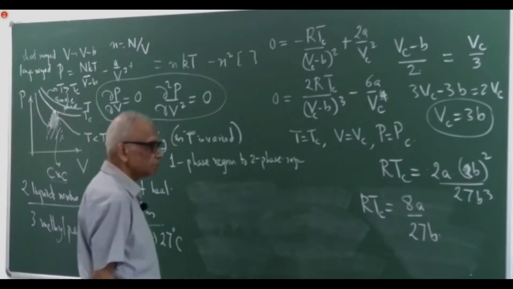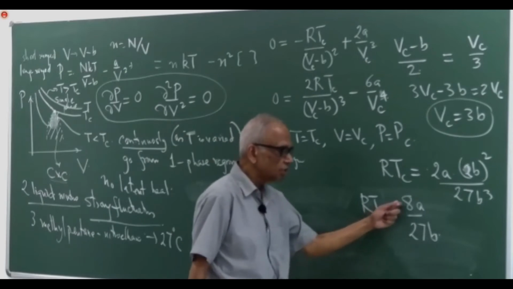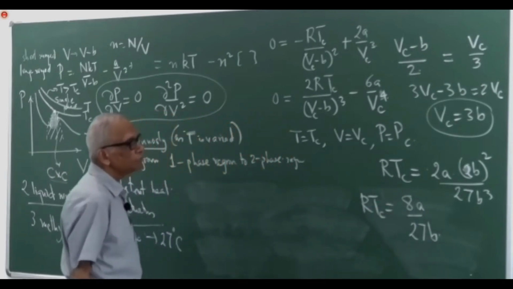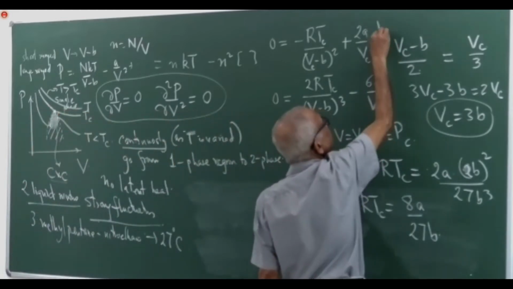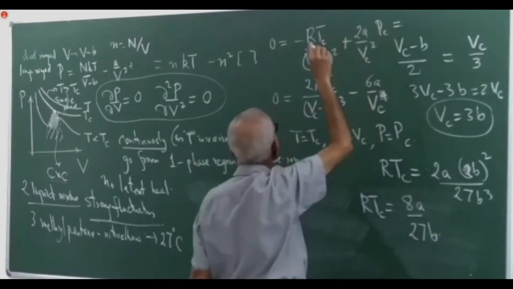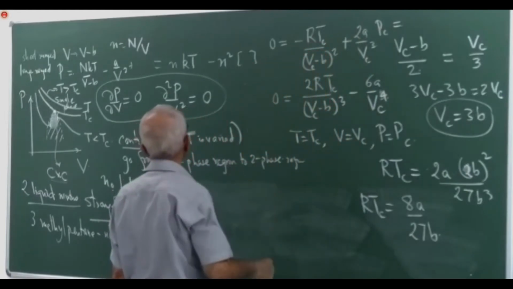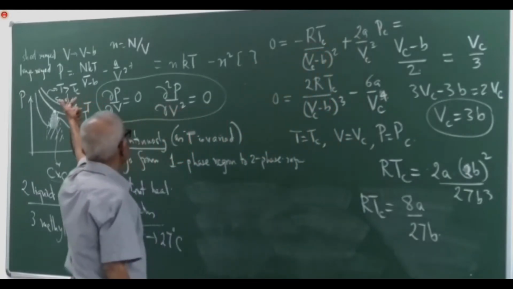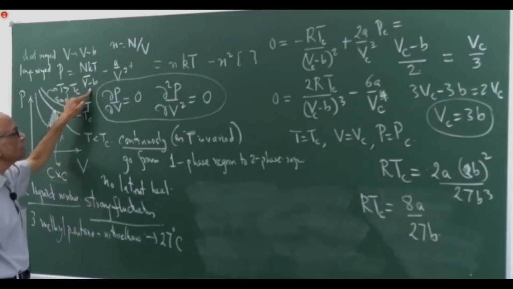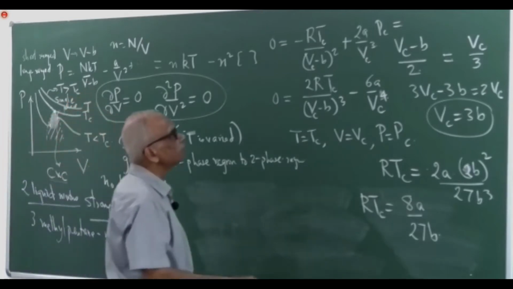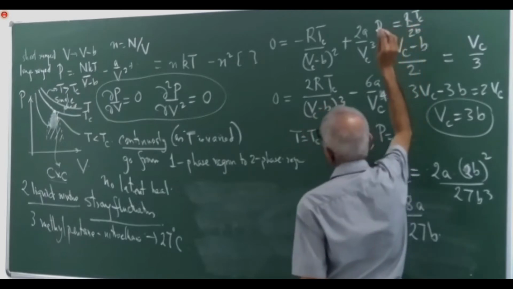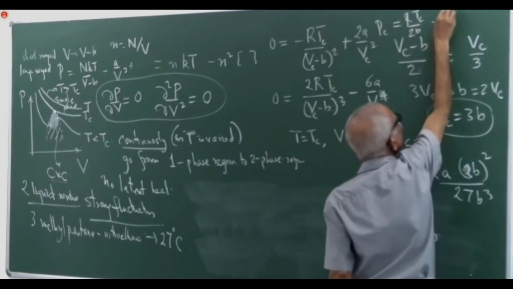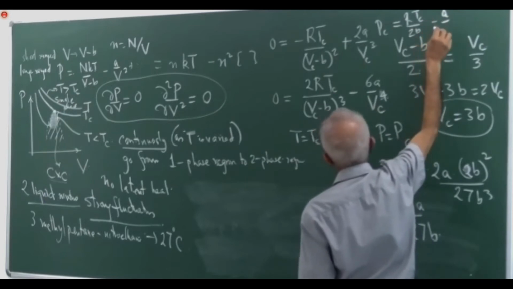The critical temperature is RTc is 8A over 27B, and the critical pressure can be found from this gas law. From here, RT over, so this is equal to RTc divided by 2B minus A divided by 9B squared.